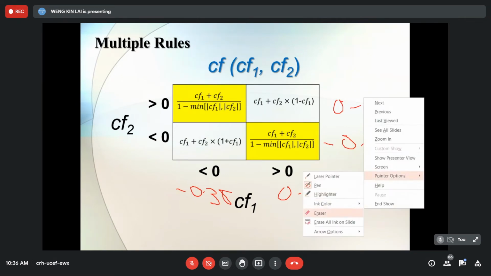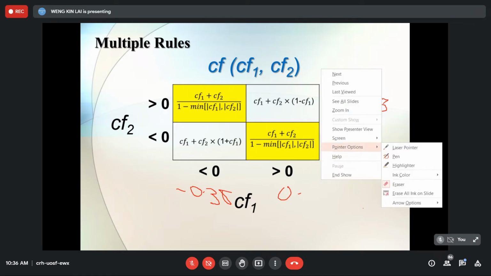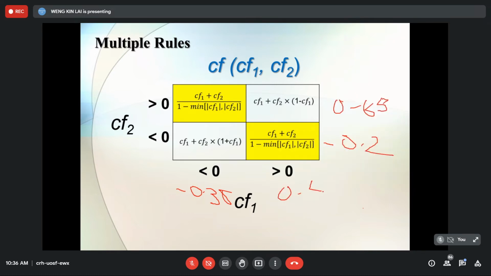Let me just erase this. 0.45. So if I take the first case, that means that both the CFs are positive. So I have your 0.65 over here, and then your 0.45 over here. So you substitute this inside.